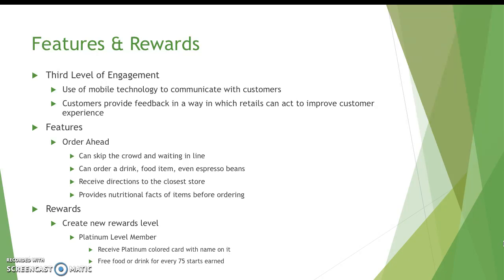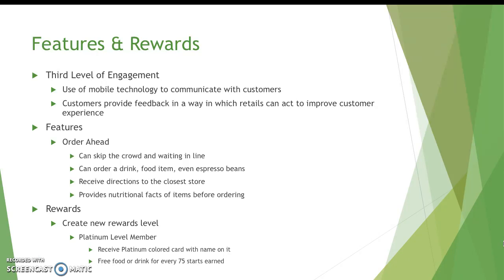Two important aspects of this level are the use of mobile technology to interactively communicate with customers, and the other is to allow customers to provide feedback in a way the retailer can act on to improve the customer experience. I believe Starbucks' loyalty program does just that. They utilize their mobile app to push notifications to customers as well as interact with customers via social media.